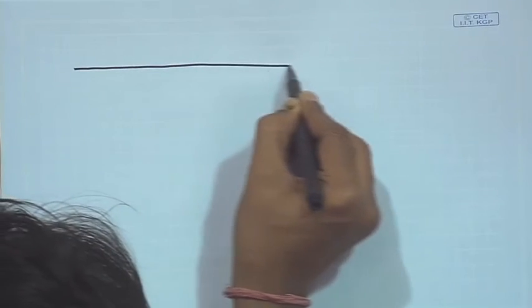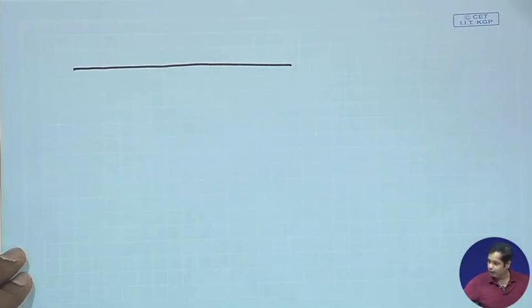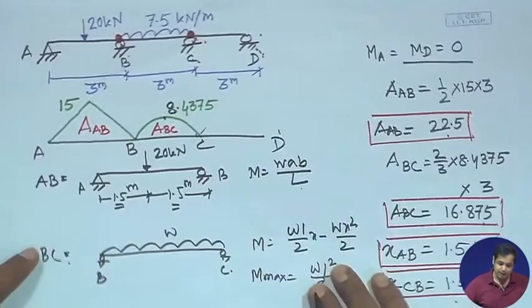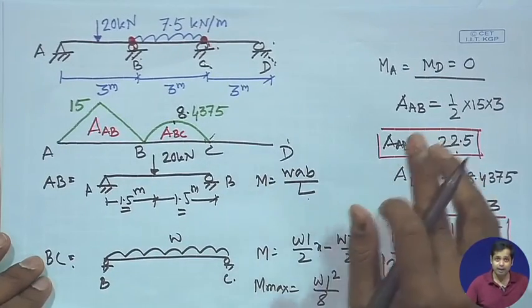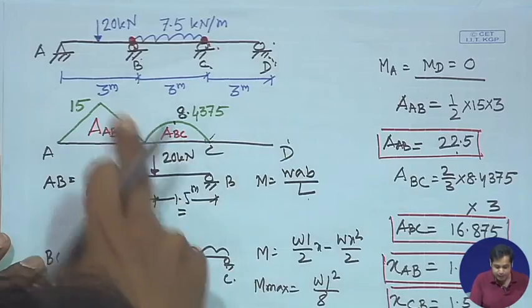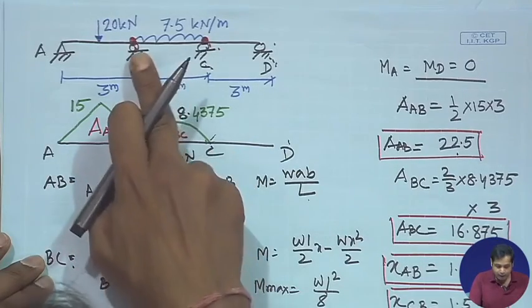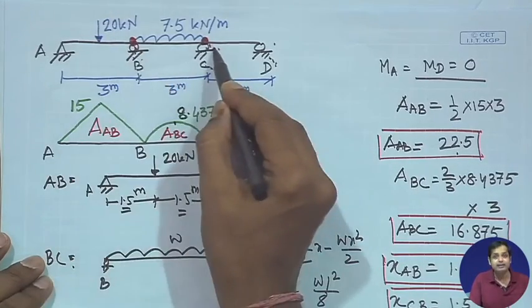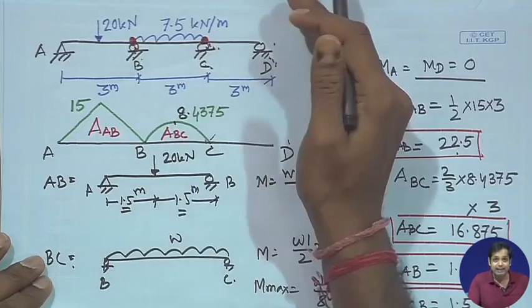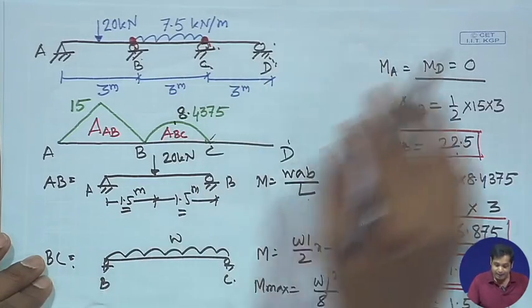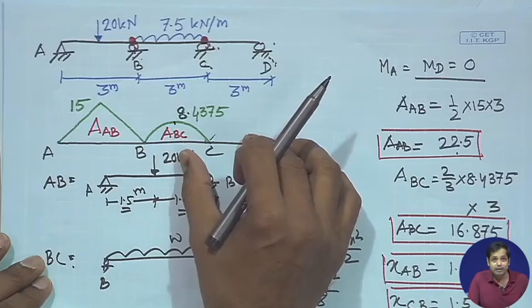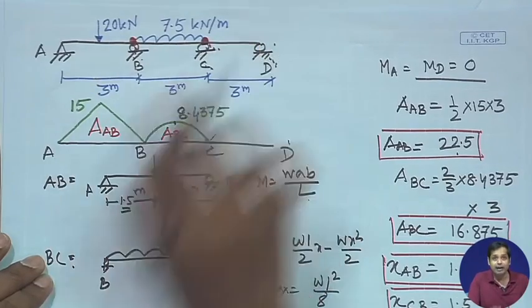Let us draw the bending moment diagram. Since linear superposition is valid, the bending moment diagram will be, assuming there is a hinge at B and C by releasing the redundant forces, a primary structure which is subjected to only the external loading.